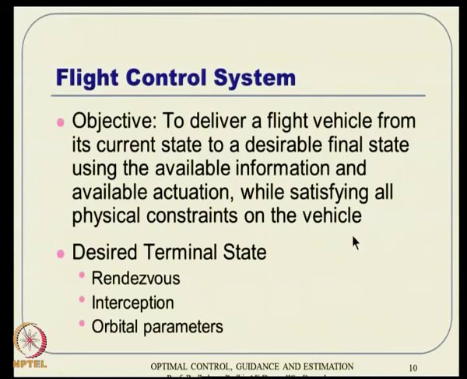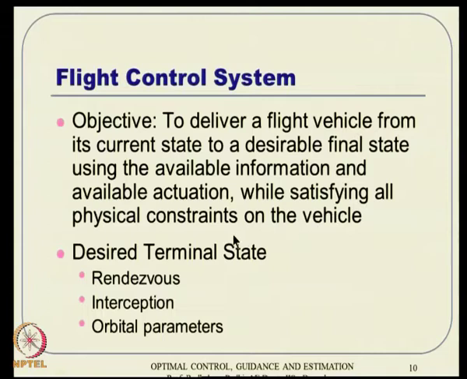Physical constraints such as angle of attack constraint, lateral acceleration constraint, or even various body rate constraints, actuator constraints, all sorts of things will be there. So, those constraints have to be honored, and within those constraints, it has to deliver the flight vehicle from its current state to a desirable final state. Obviously, it has to be the target interception point and all that. Alright, so that is the objective.